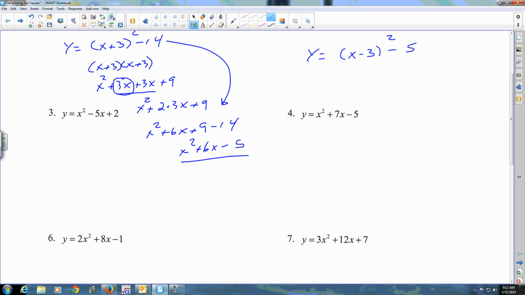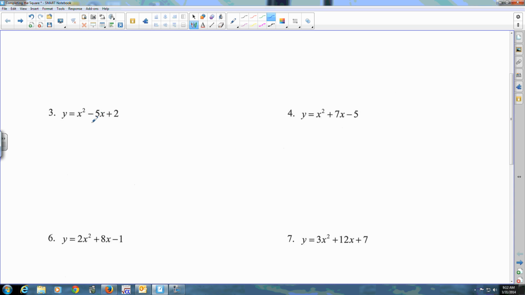Now, what happens when you can't readily take half the middle? In other words, it's not an even number. It's no big deal. You still go about it just like you did before. I'm going to take half the middle, so minus 5 halves, and square it. So that would be 25 fourths.